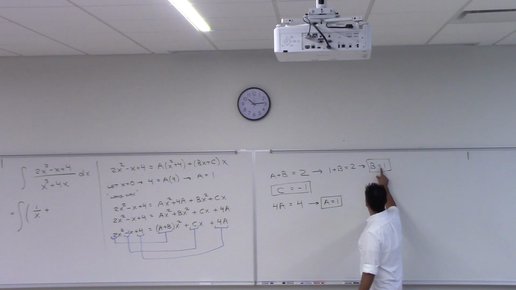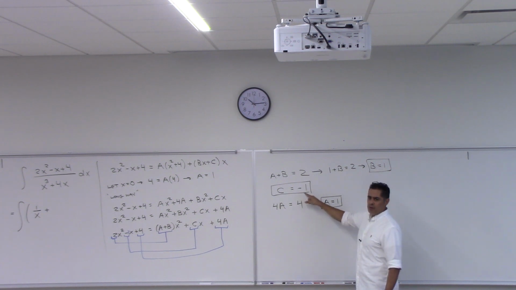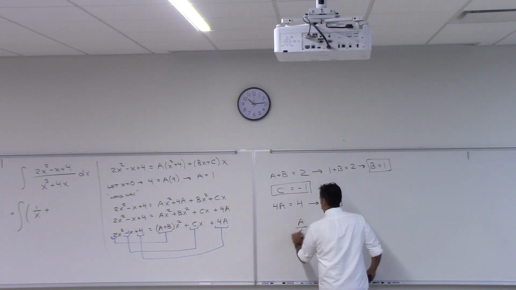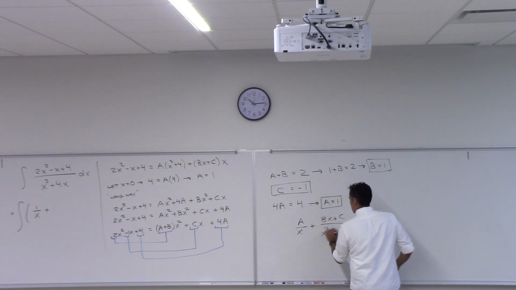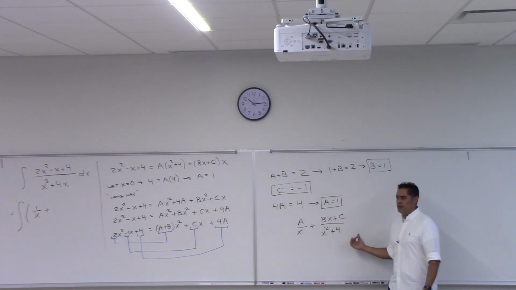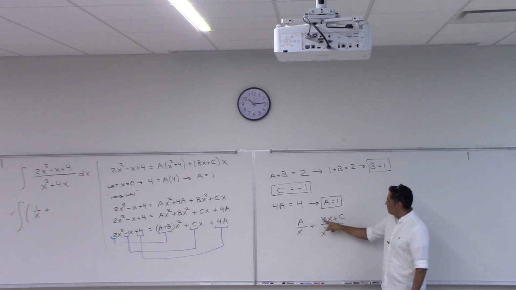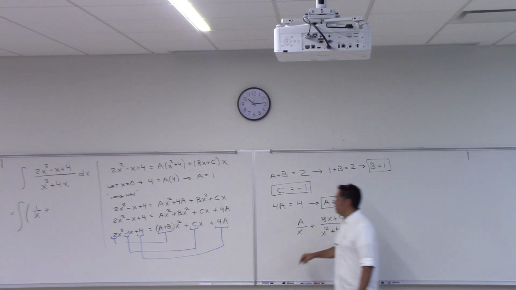So b is 1, so 1x minus 1. Do you know what I'm doing? That's what we were doing with the partial fractions. Replacing a with 1, replacing b with 1, replacing c with -1.